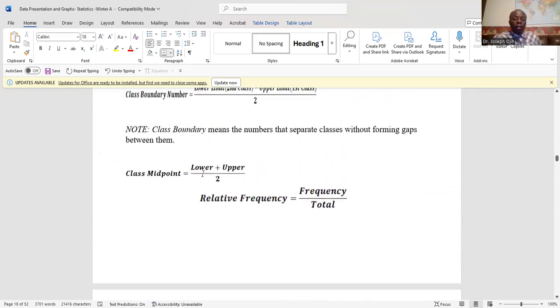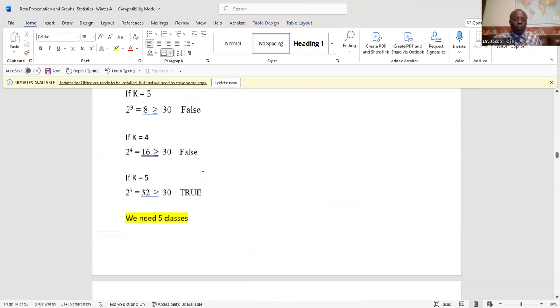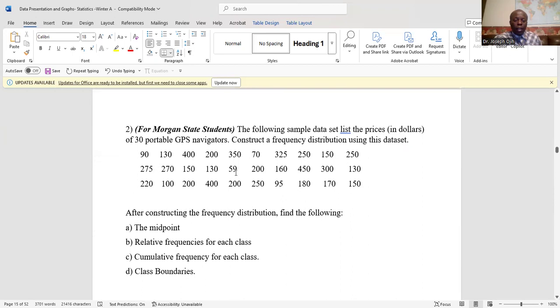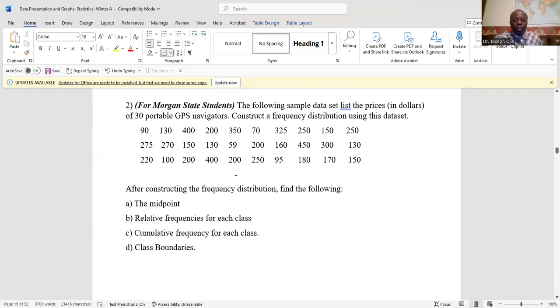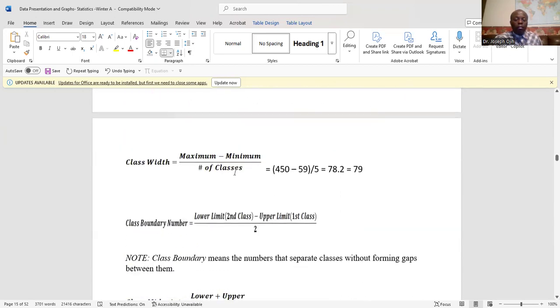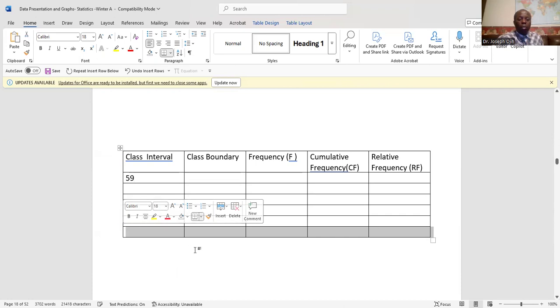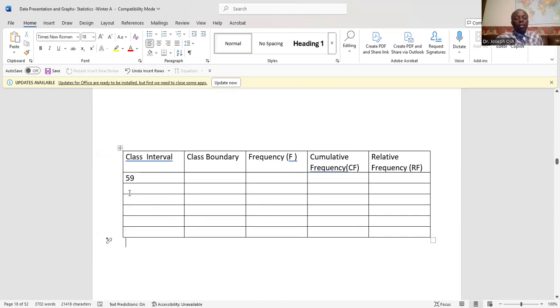If you look at our data set, the smallest is 59, so we start from there. I'm going to write 59 here. They want five classes, so this is 1, 2, 3, 4, 5. We need one more row.